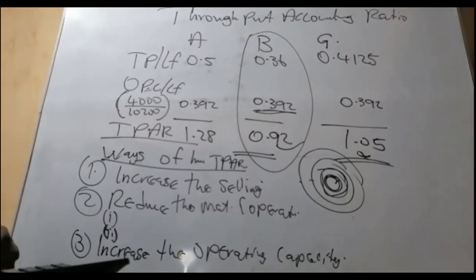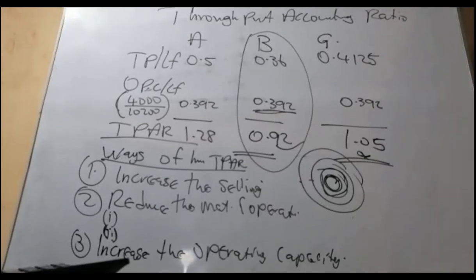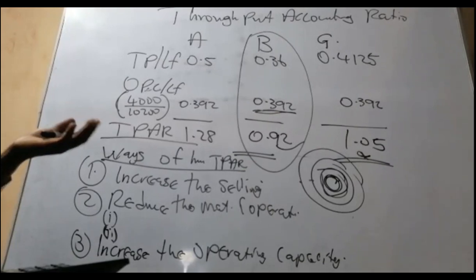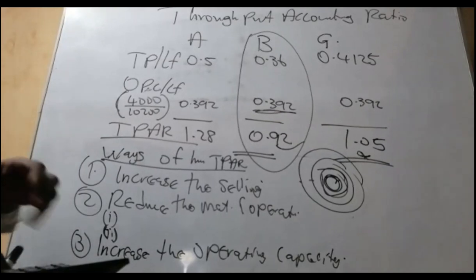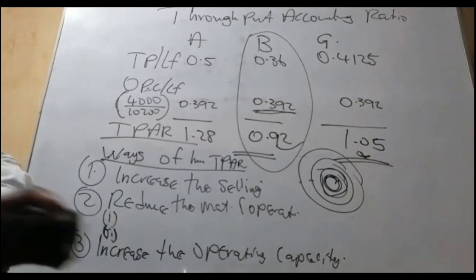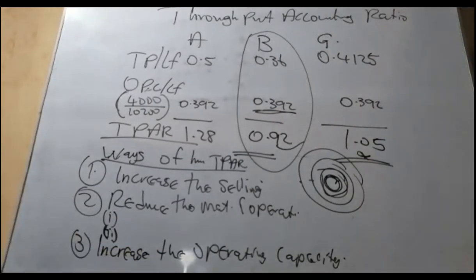It's like renting a room. Whether you bring all your family members to the room or you alone sleep at one corner, it's still the same rent, right? So it's better to bring more people to occupy and share the bill among them. That's why most landlords don't pay the light bill. They are increasing operating capacity.